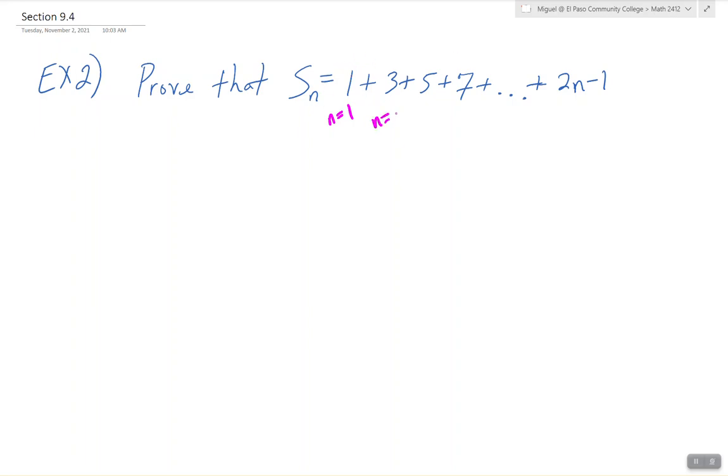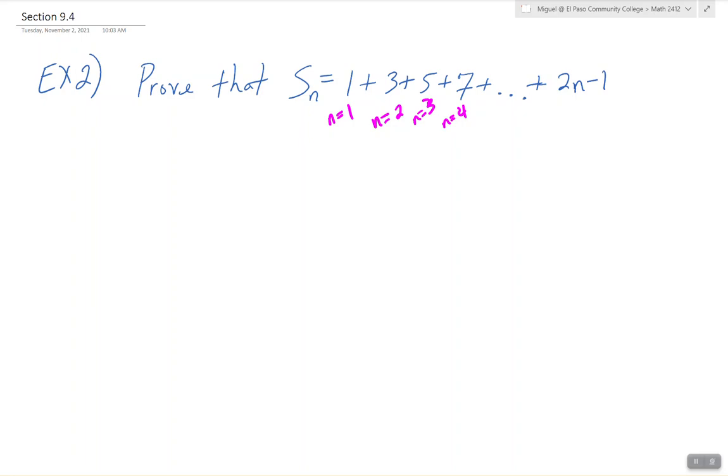When n is 2, that's 2 times 2 minus 1, so 4 minus 1, and that's how you get 3, and so on. Each one of these represents a different n. If you want the next number, you plug in n equals 5, 6, 7, and so on.